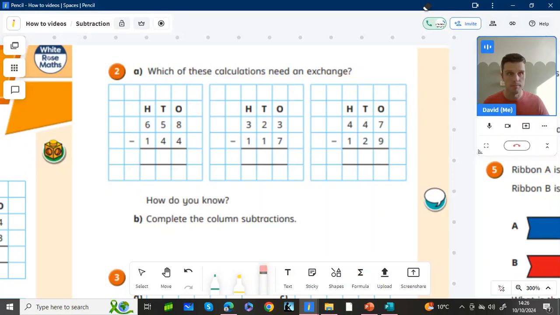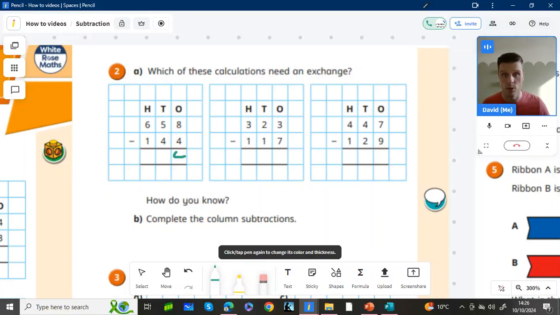Pause the video here. Okay, now that you've worked out which one needs an exchange, complete the subtractions just like you did before. I'm going to do 1 just to show you. So here, 8 take away 4 is 4. 5 take away 4 is 1. And 6 take away 1 is 5. That one didn't need an exchange. I hope you spotted it. Pause the video here to complete the subtractions.